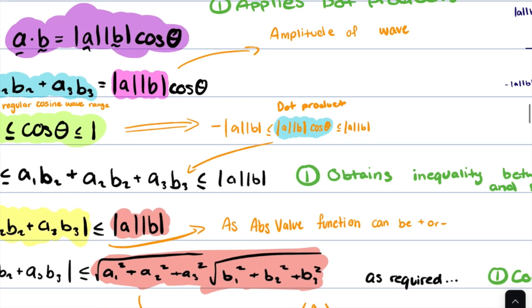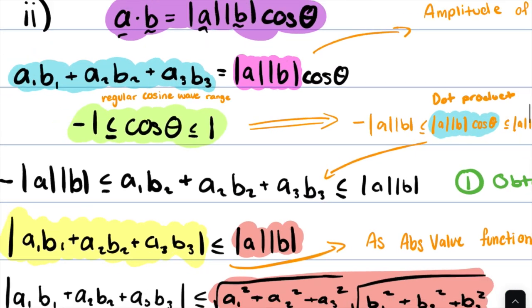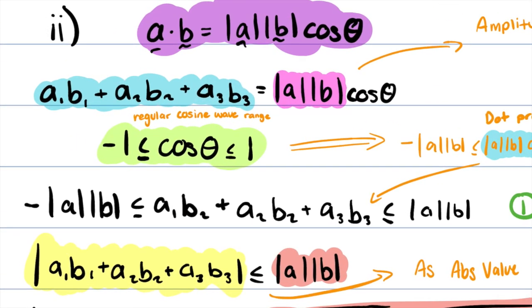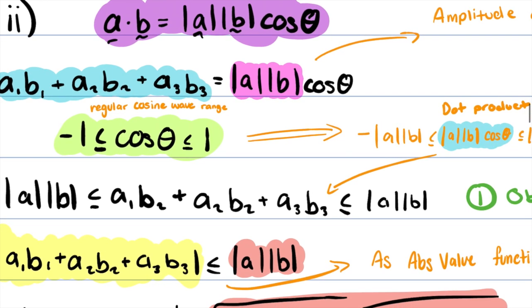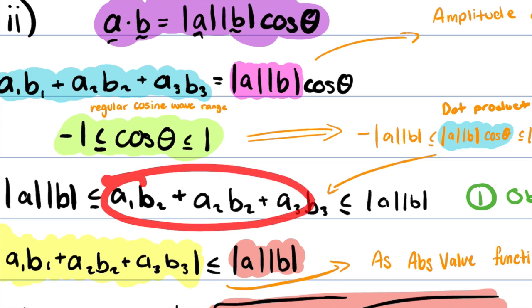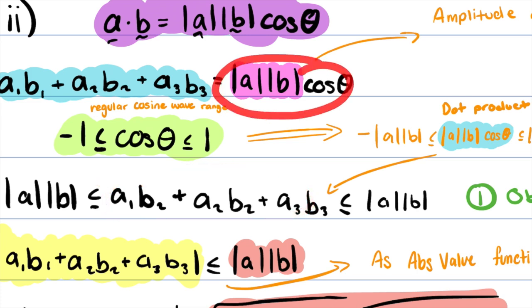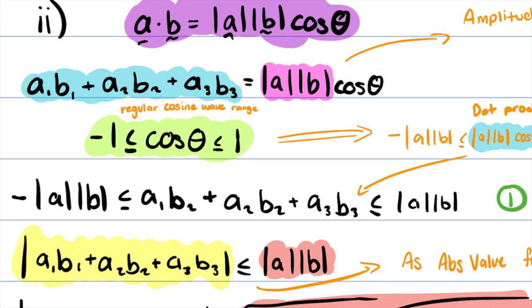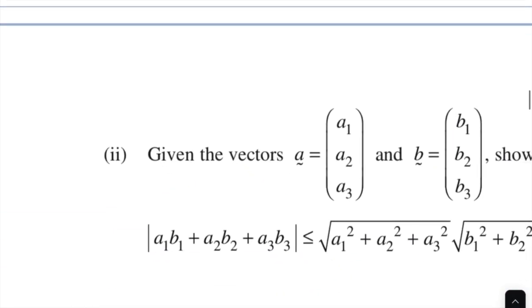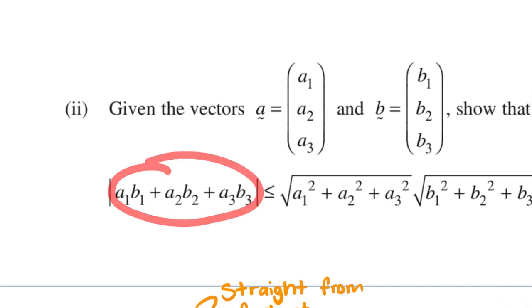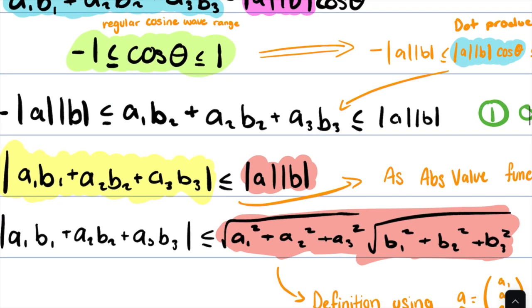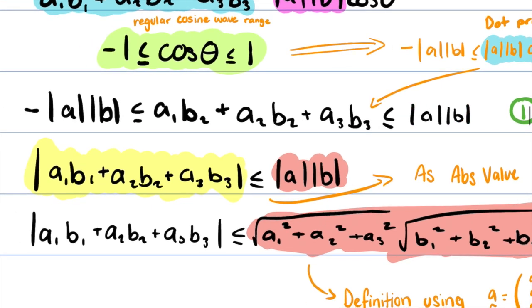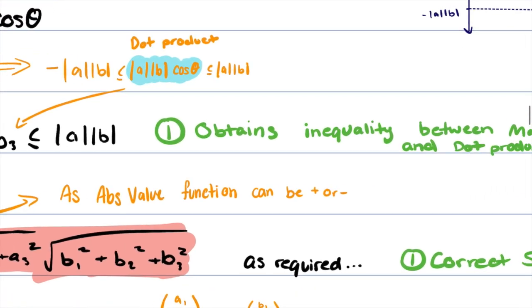From this, we can rewrite our expression as the negative magnitudes, our dot product, which from this is also equal to this form of the dot product, which aligns to what we are asked for within the question, and our positive magnitudes. We gain our second mark for obtaining the inequality between the magnitude and the dot product.